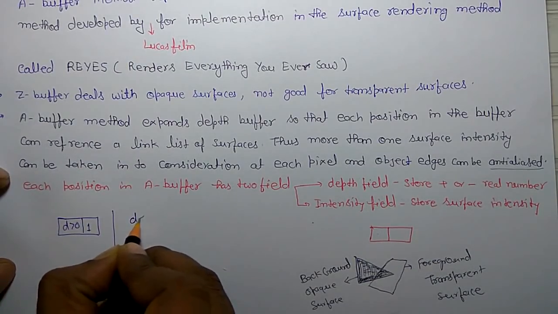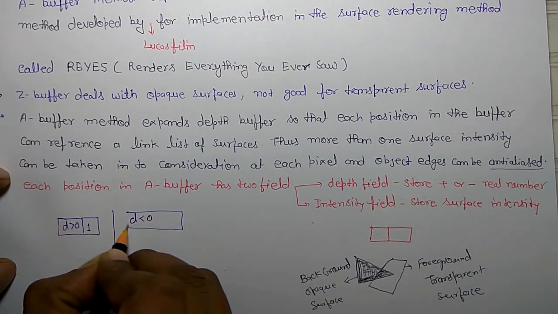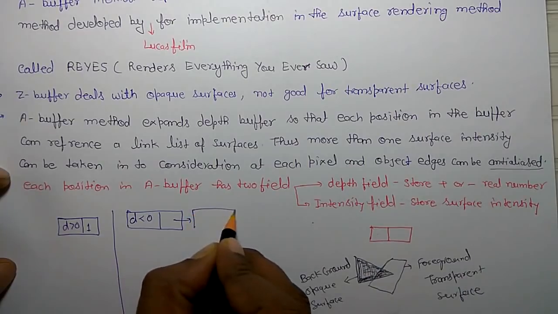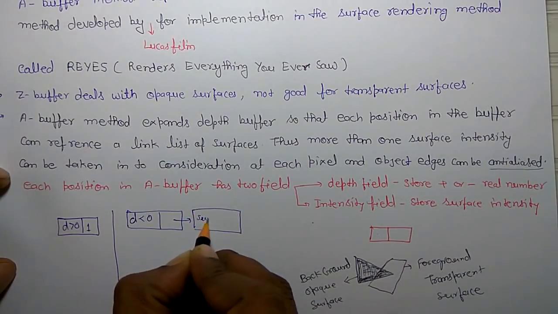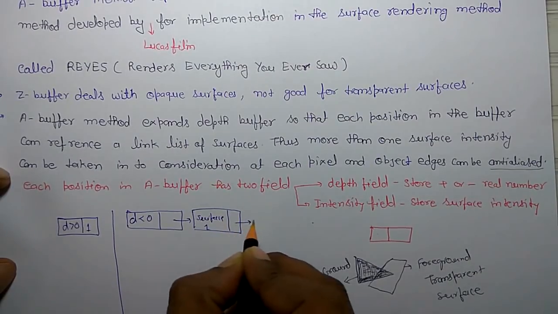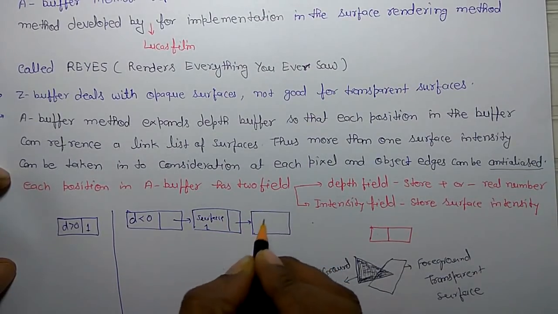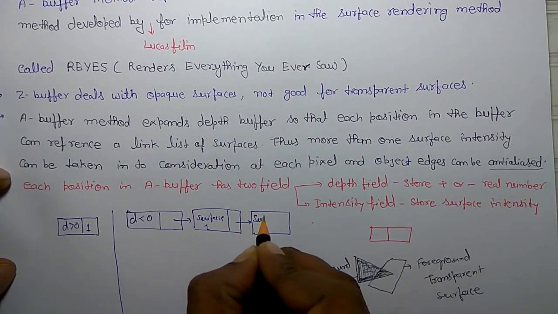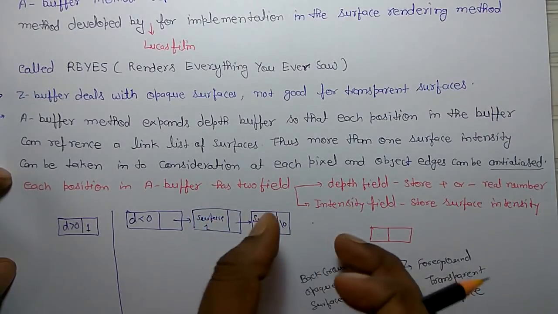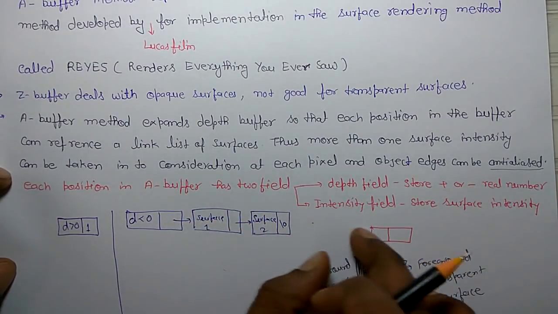If D is less than 0, it means multiple surfaces are there, and the intensity will be the surface 1 value. Next, if two objects are here, then two linked list nodes are connected. If more than two objects are there, we connect them as well.